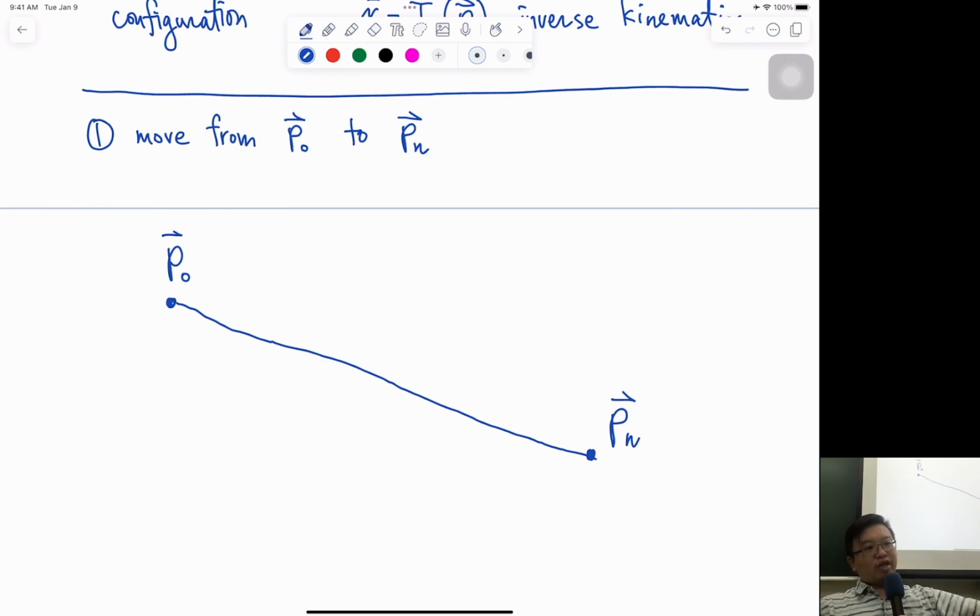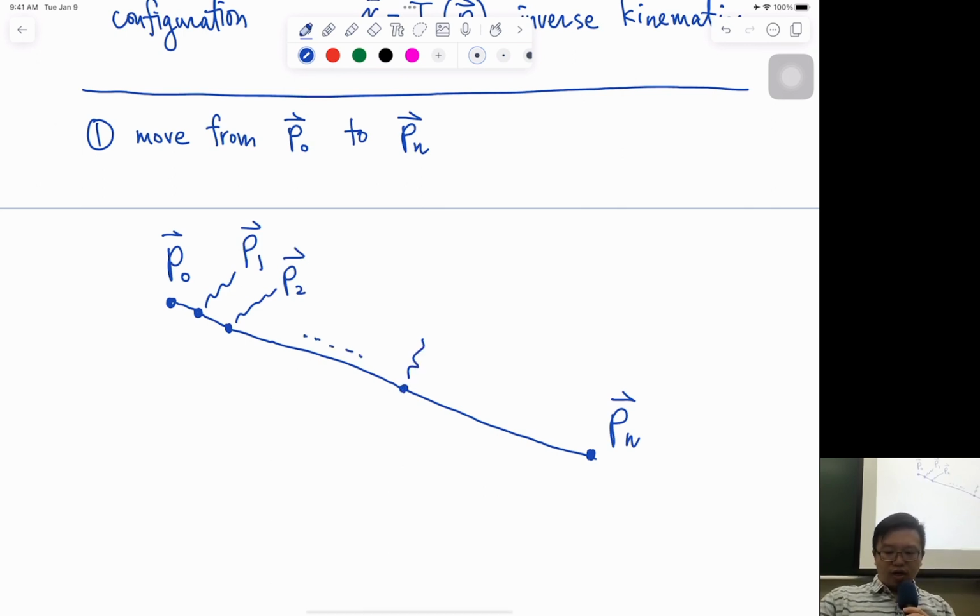So you have to tell the computer or the controller where to go in the middle. So it's like you are making small cuts. Like this one could be P1, this one could be P2, and so on. I can call this one Pi. So I'm making n points, actually n plus 1 points, because including the P0. So in total, from the beginning to the end, there are n plus 1 points.